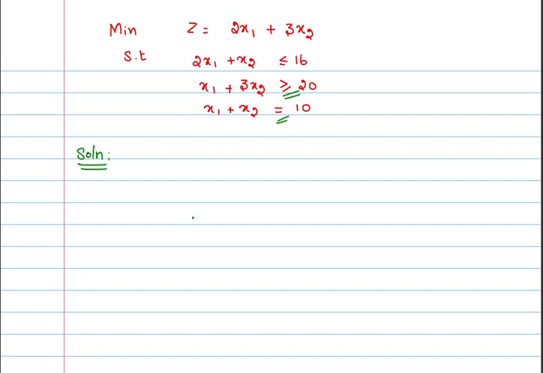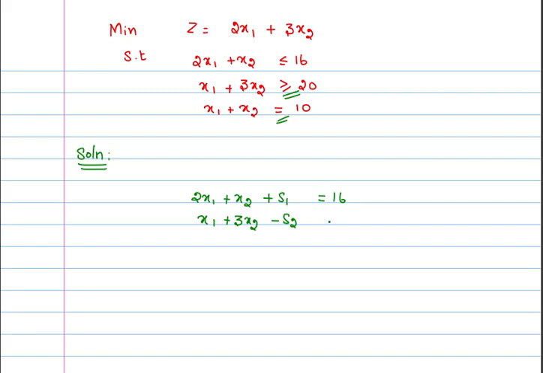So first we write our constraints in equation form. 2 times x1 plus x2 plus s1, as a slack variable, equals 16. The second equation has a greater than or equal to symbol, so x1 plus 3 times x2 minus s2.